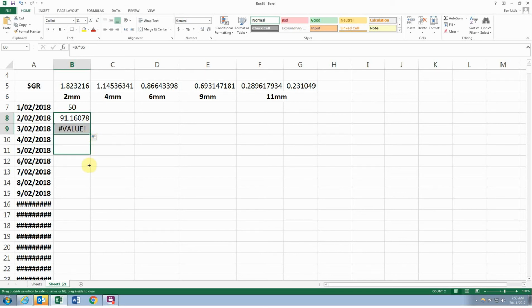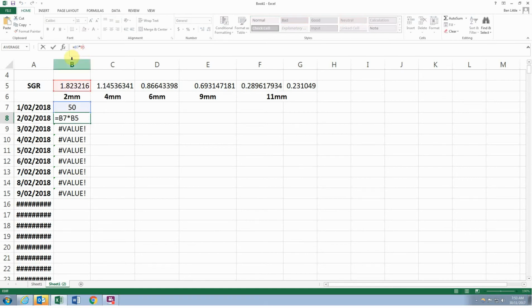alright, it just starts to do this weird stuff where it's like, oh, hang on a tick, why am I doing that? And really what that is, is the fact that when we fill down from here, it's thinking that the next cell down is what it needs. So I filled down, it's moved down one row. So to get around that, the cell that we want to reference, this is B5, in our formula, we can put a couple of dollar signs in there.